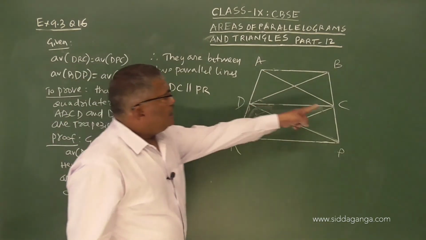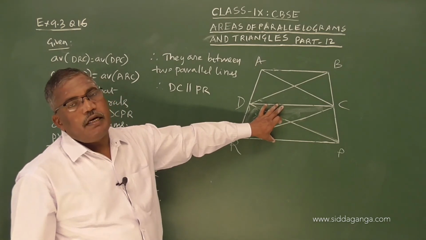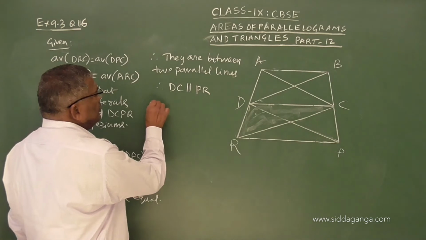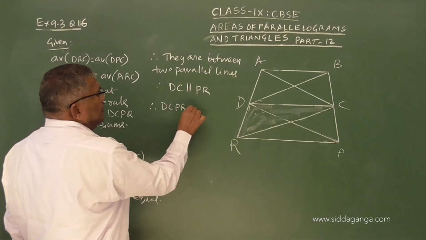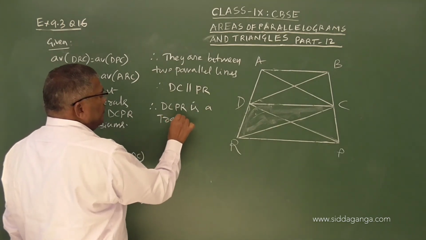See, in DCPR, when one pair of opposite sides are parallel, we can say it is a trapezium. So therefore DCPR is a trapezium.